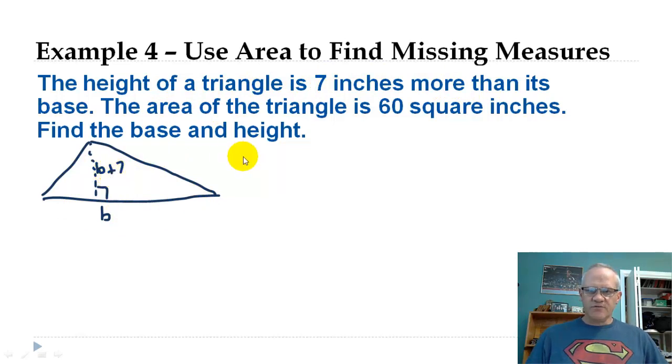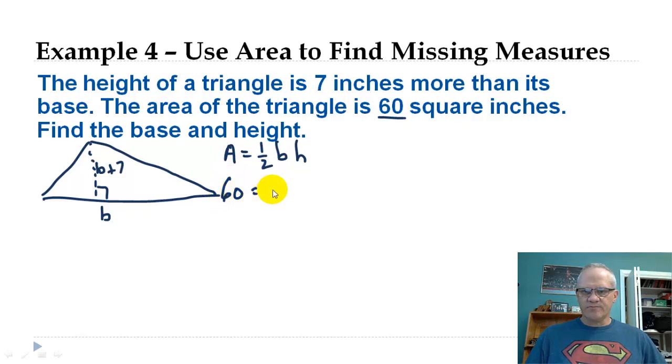All right, what's our area formula here again? Remember, area is 1/2 base times height. Well, do we know the area? It told us that the area is 60 square inches, so let's plug in 60 for area. The base is B, and the height is B plus 7. There we go.